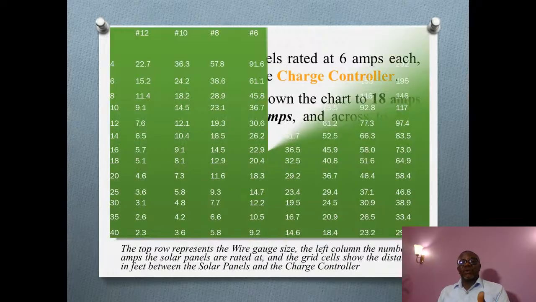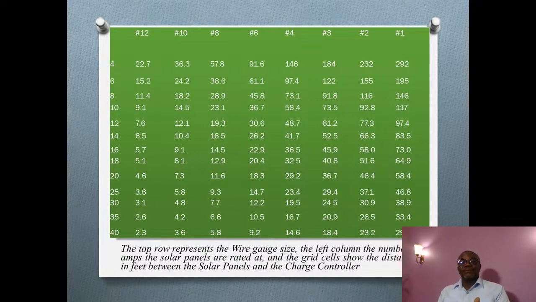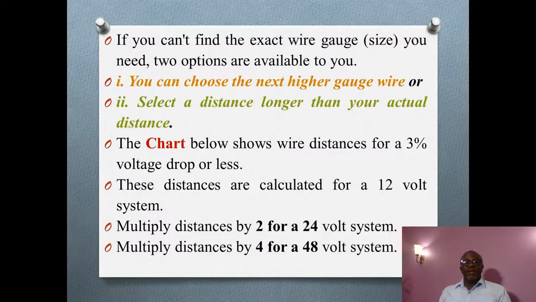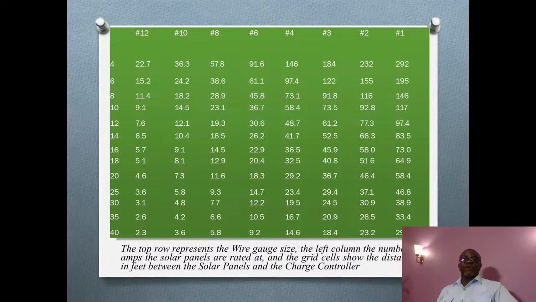That is what we mean by saying that for 24 volts, we multiply the distance by 2. And for 48 volts, we multiply the distance by 4. The 24-volt and 48-volt systems also have their own tables, which will help you to just read out the values and get what you want.